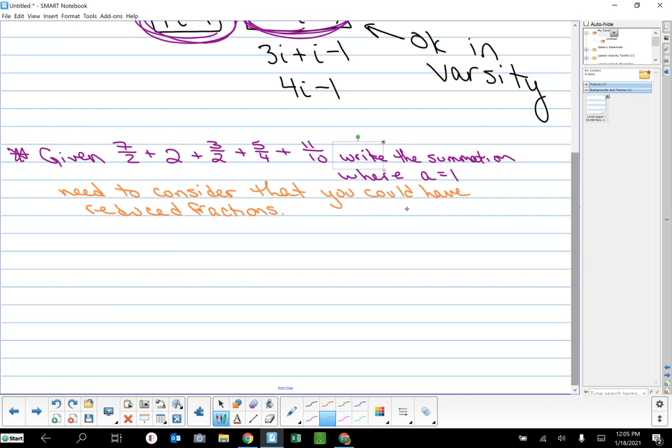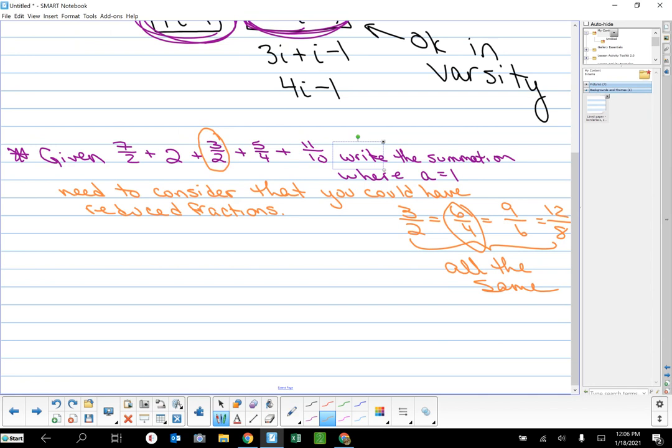And here's what I mean by that. 3/2 is also 6/4, is also what? 9/6, is also 12/8, right? These are all the same. But any good textbook isn't going to put 6/4, they're going to put 3/2. So here's a 3/2, but that might be a reduced fraction.